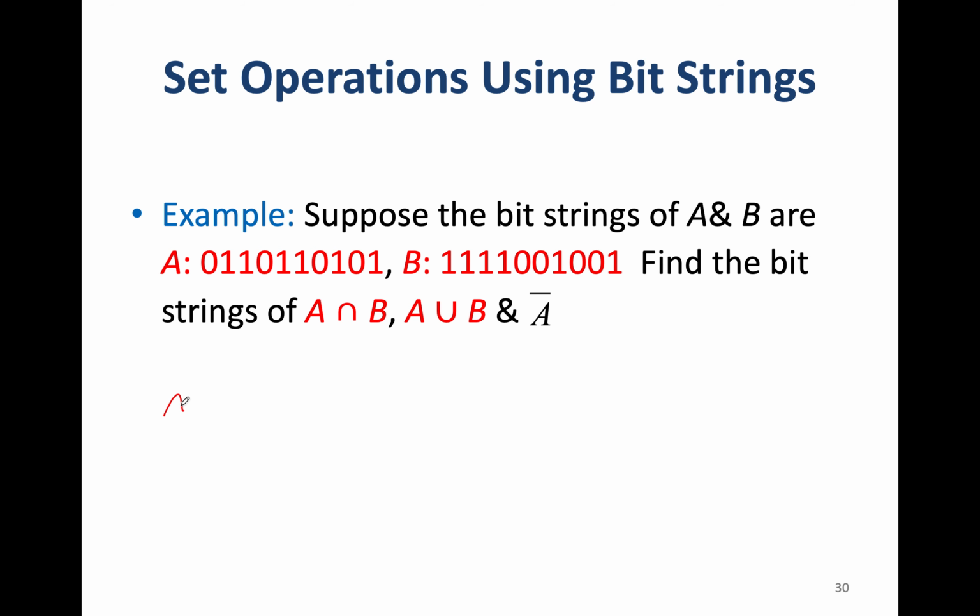For A intersect B, as we got in our rule, it won't be 1 unless both of them are 1. Otherwise, it will be 0. So here we got 0 and 1, 0, 1 and 1, 1, 1 and 1, 1, 0 and 1, 0. Then we have 1 and 0, 0, 1 and 0, 0.